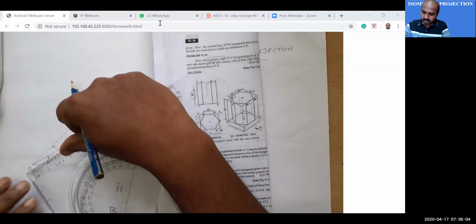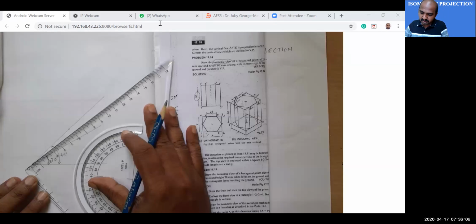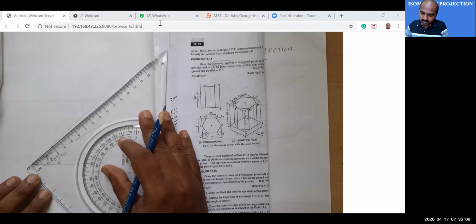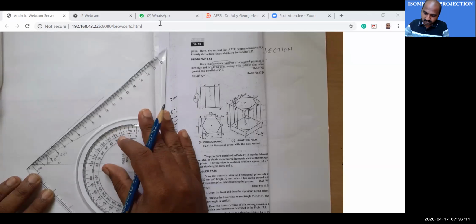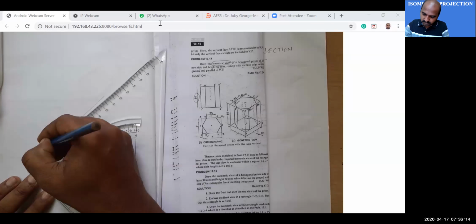First you mark 25 mm on this 45-degree line.